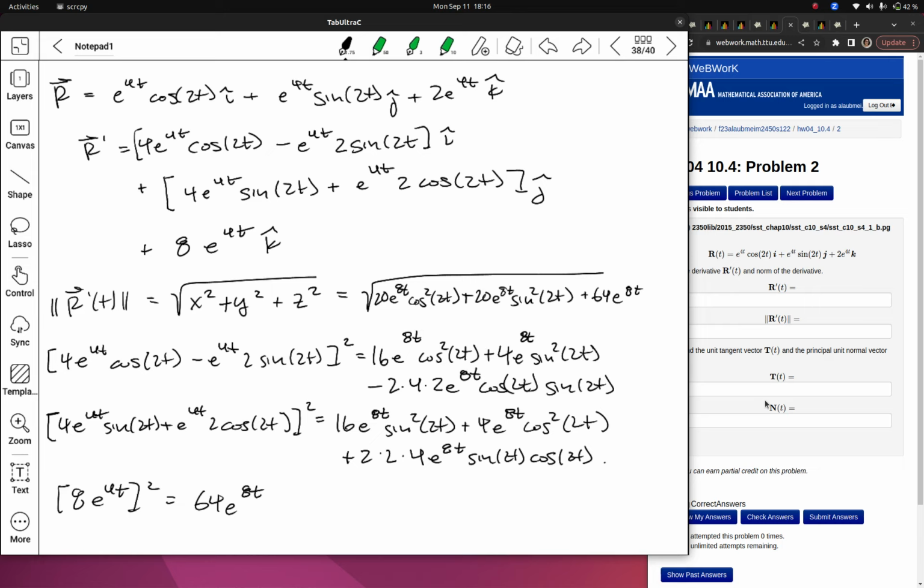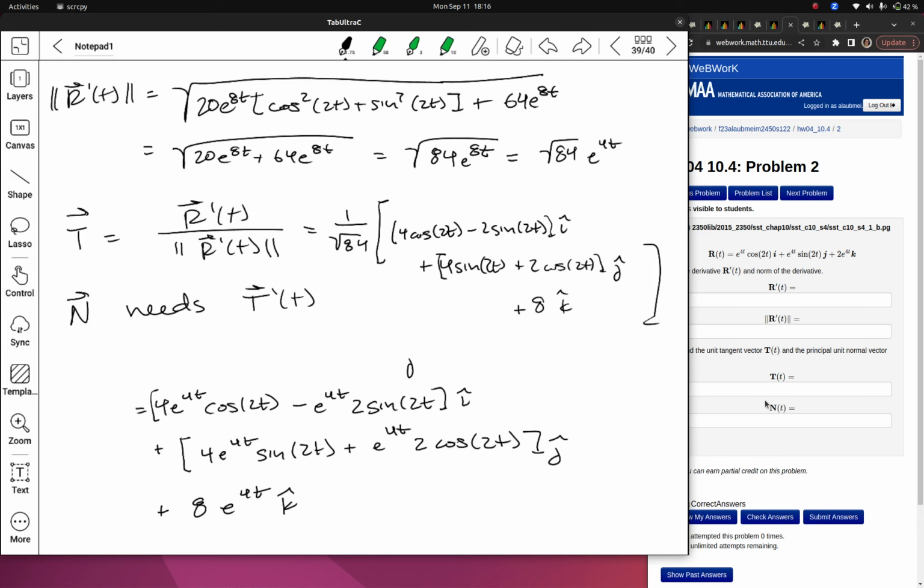Same with this common e to the 8t sine squared, becomes 20 right here. And then these two cross-multiplying terms cancel out with each other because they're just a positive and negative of the same thing. And then that 64 e to the 8t is just tacked on the end. And I haven't done anything with it yet.